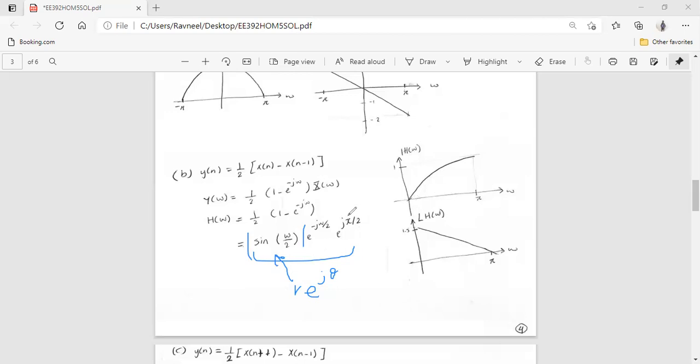And then the angle part is represented by, you can further simplify this.